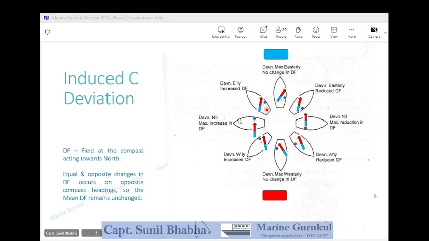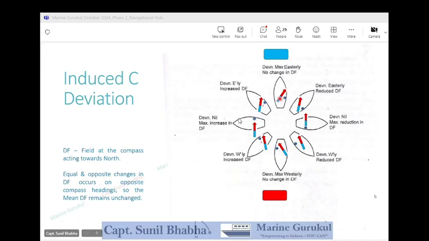So let's now try to see the kind of deviation which this vertical soft iron structure generates. Let's assume the ship on a northerly heading first. With the ship on a northerly heading, you can see the compass needle represented by the red and blue poles arrow shown in the diagram.